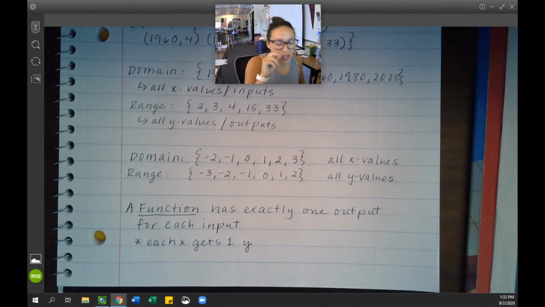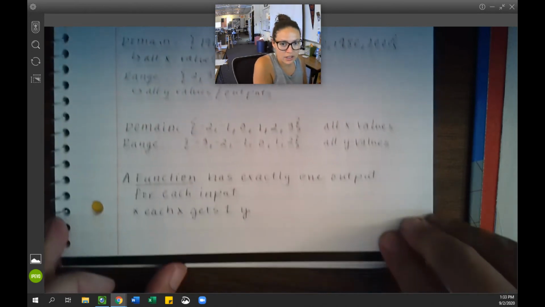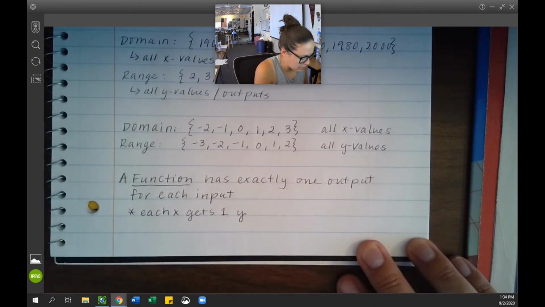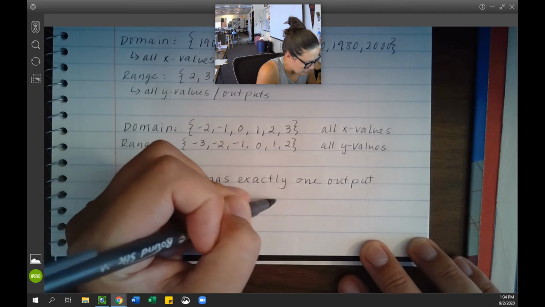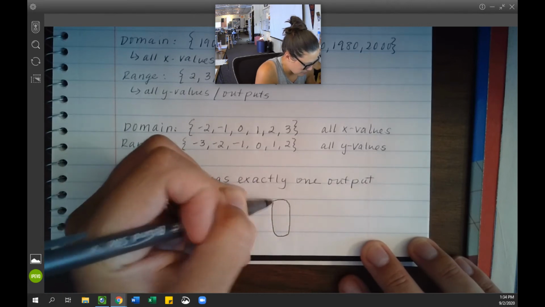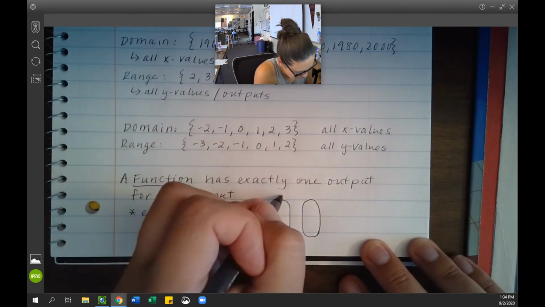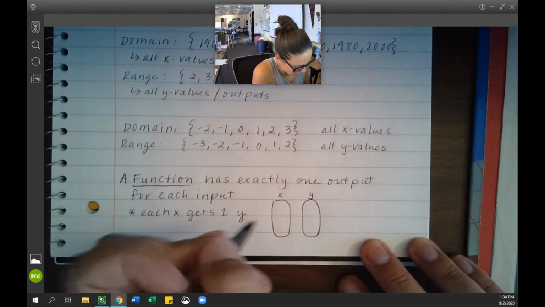So let's look at an example of something that is a function and something that is not a function. And we're going to use a mapping diagram because I think that's the easiest way to understand it. Here's my x's, here's my y's.